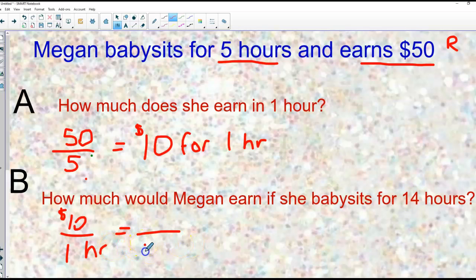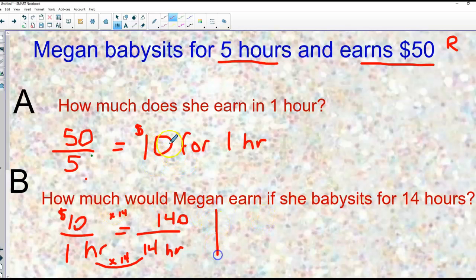So I can put the 14 here across from my 1 hour, and we can figure out our missing number. Well, to go from 1 to 14, this time you have to multiply by 14. So if I do the same to the top, I need to take 10 times 14. And I think you would figure out that she's going to make $140 if she babysat for 14 hours.